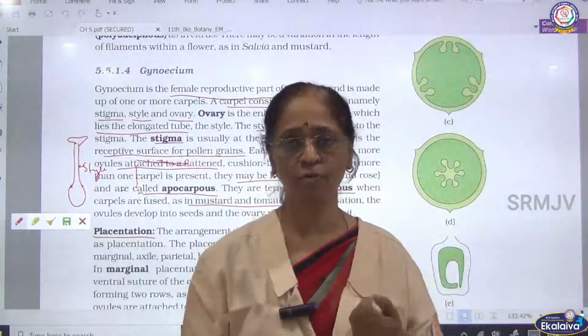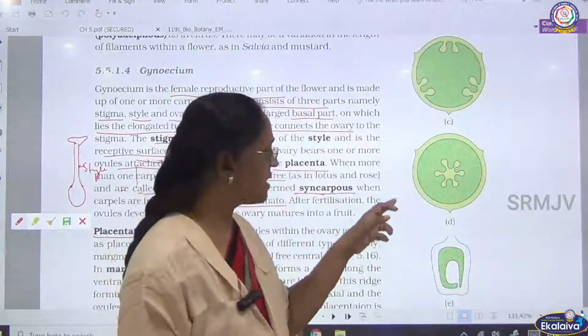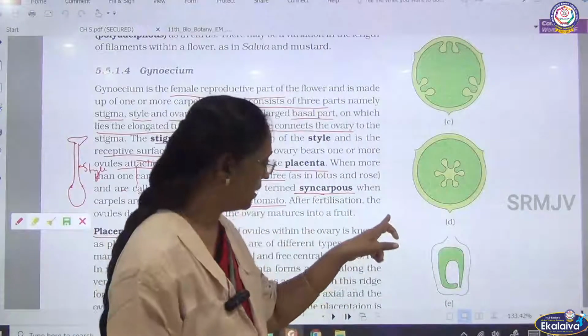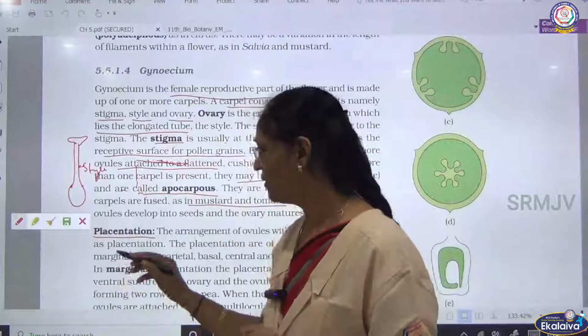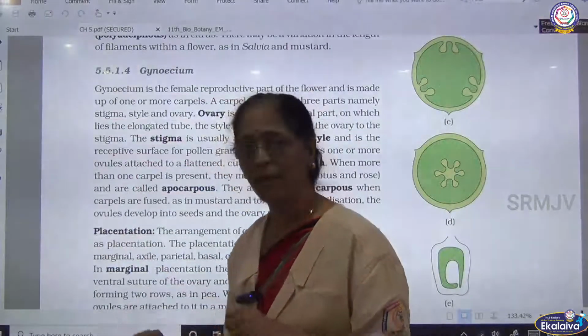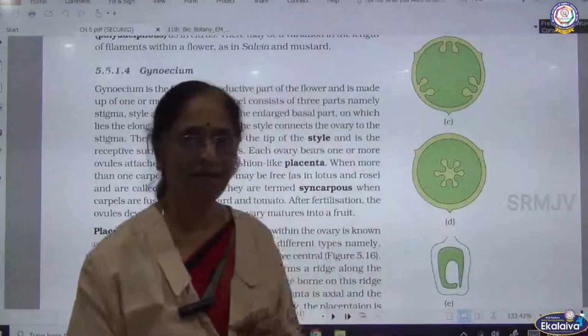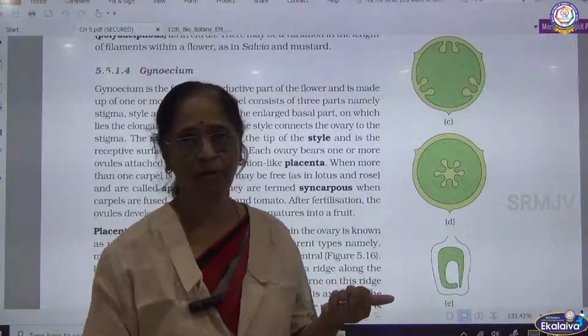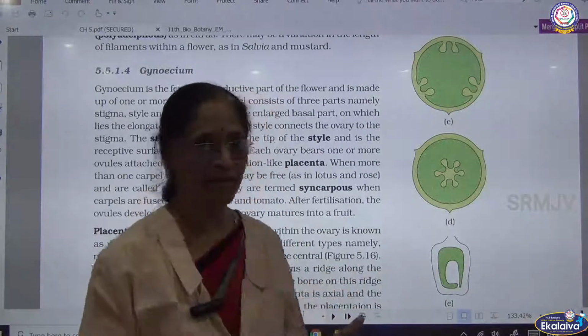There are various types of arrangement, known as marginal, parietal, axile, free central and basal placentation.